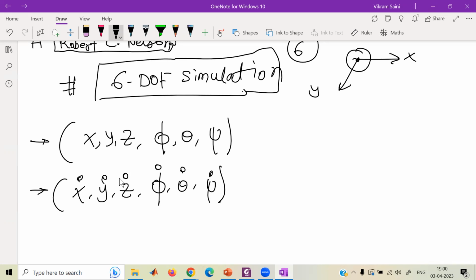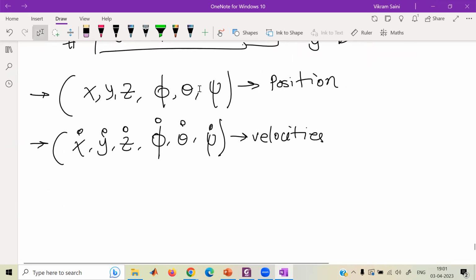So how do we do that? These are the velocities, and these are positions. You can call it angular position. It's not exactly the angular velocity in the body frame, but they are connected through these derivatives.